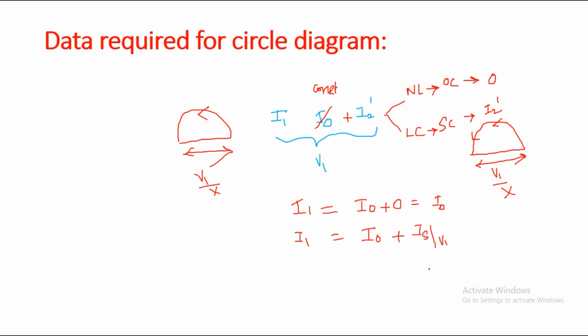This is what we have seen in approximate equivalent circuit. So again we can rename this short circuit current under normal supply voltage as ISN, short circuit current at normal supply voltage. So for loaded condition the equation is I1 equals I0 plus ISN.